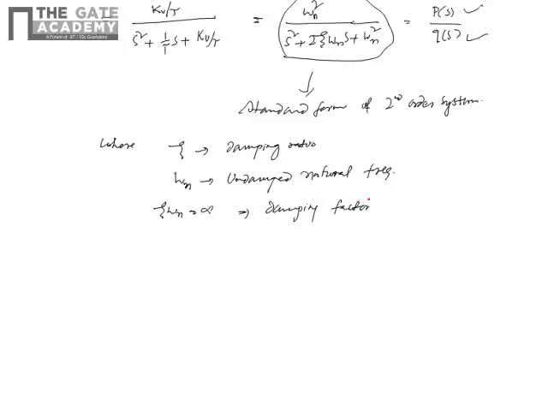Actually, the time response of any system is characterized by the roots of the denominator polynomial Q(s), which in fact are the poles of the transfer function.